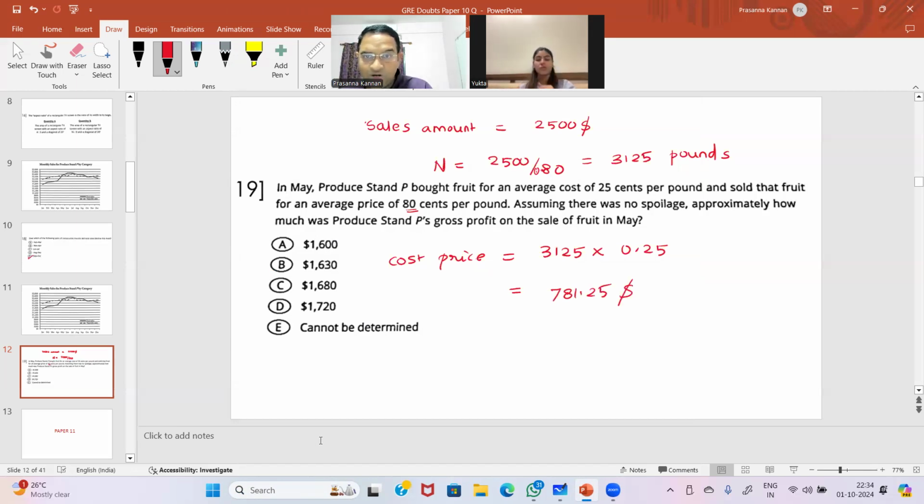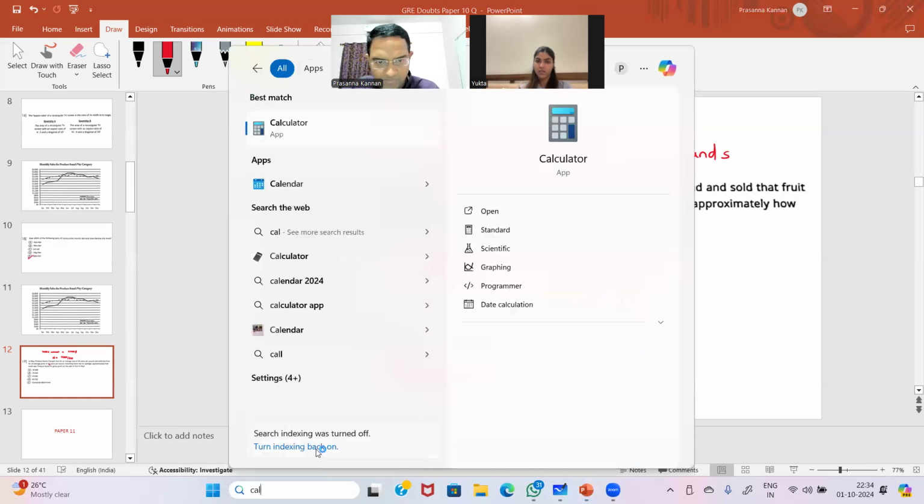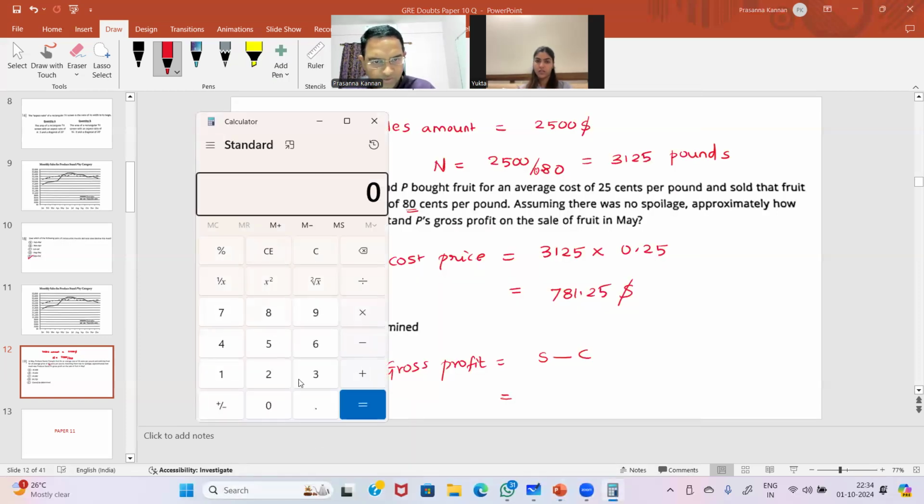Correct. But he sold it for $2,500. So his profit, his gross profit. So his gross profit is total sales amount minus his cost price. So that's nothing but 3,125 minus 781.25.